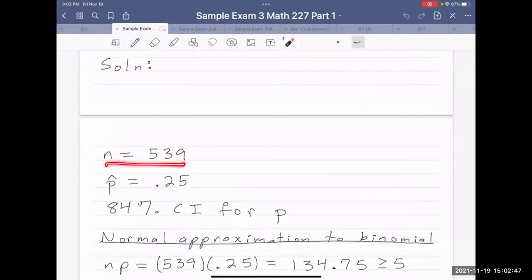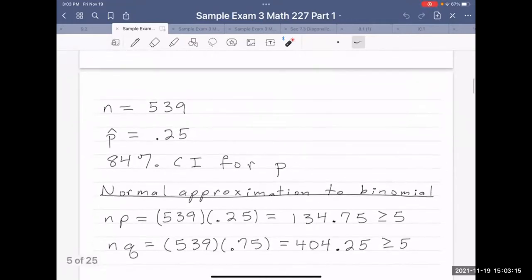So I have that the sample size was 539. Success was that they preferred chocolate pie. And so the sample proportion of successes was 0.25. We want to determine the 84% confidence interval for estimating the true population proportion.